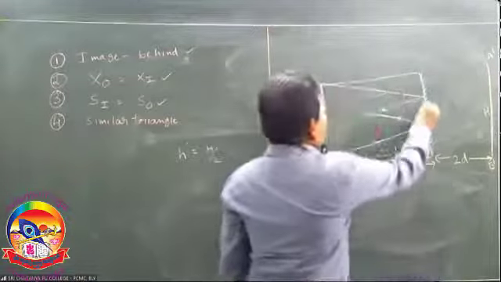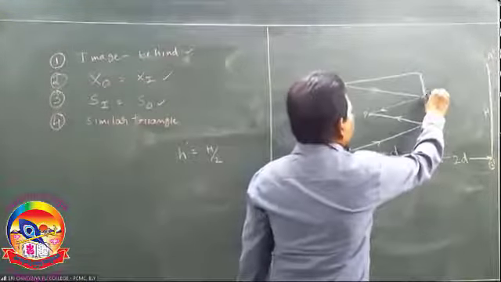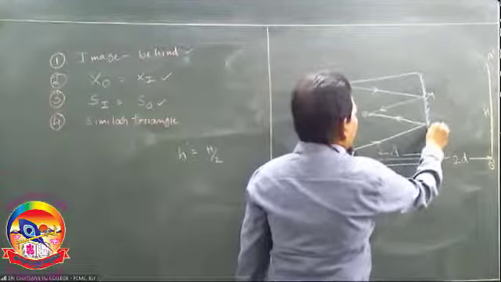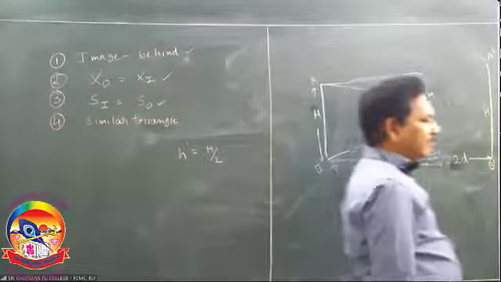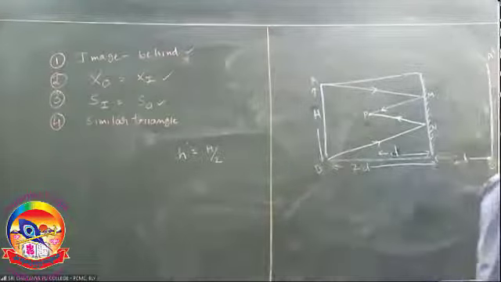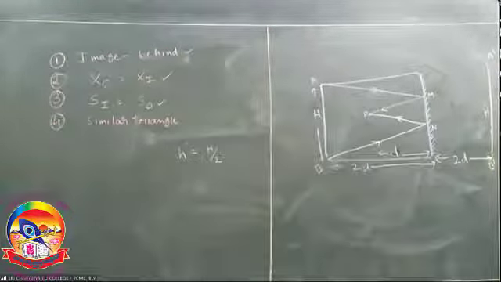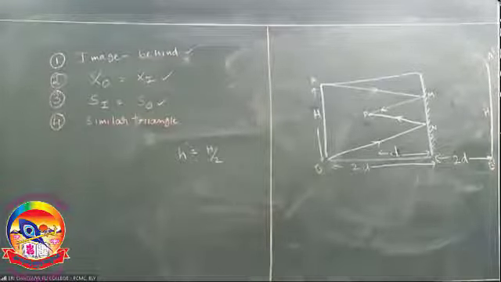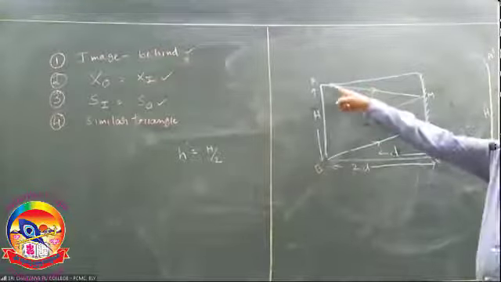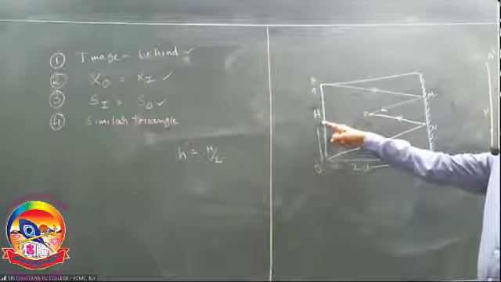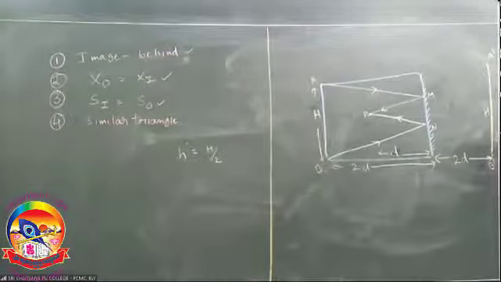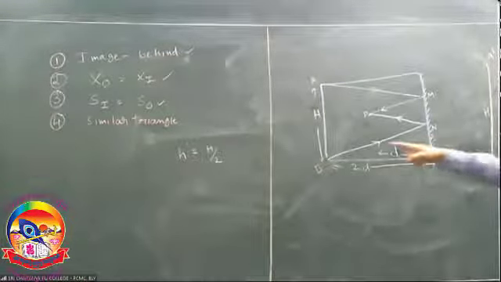So what is the part of the mirror which is required to see the complete image of the wall? MN, not the complete mirror. What I did: AB is the object, the wall, H is the width, and A dash B dash is the image of the wall.